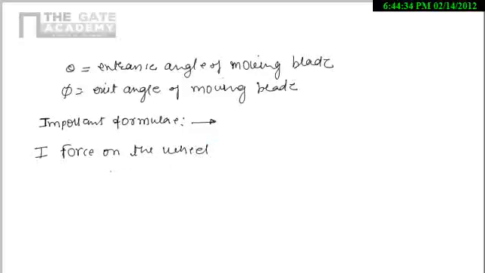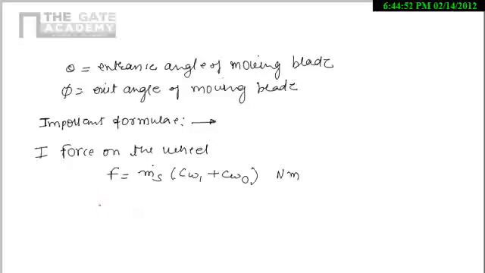So force on the wheel we can calculate by this formula, ms dot into (Cw1 plus Cw0), that will be in Newton, and ms dot will be the mass flow rate.